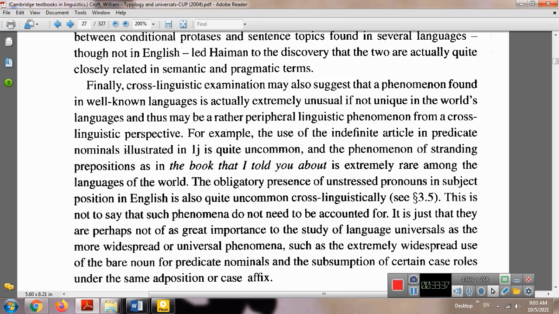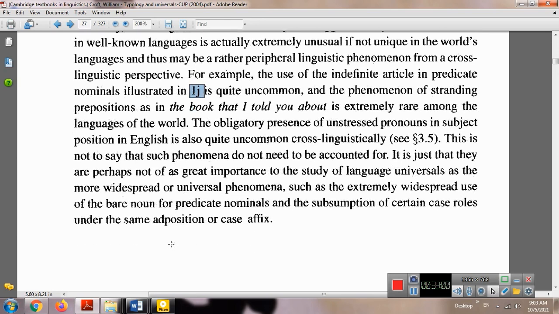For example, the use of the indefinite article in predicate nominals is quite uncommon, and the phenomenon of a stranding preposition, as in the book that I told you about, is extremely rare among languages of the world. The obligatory presence of an unstressed pronoun in subject position in English is also quite uncommon cross-linguistically.